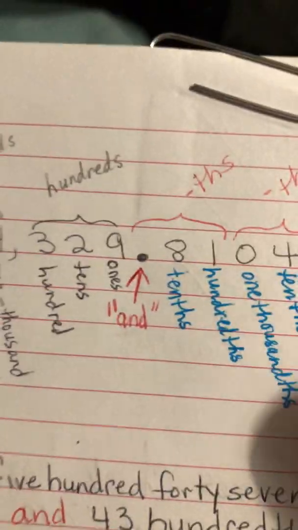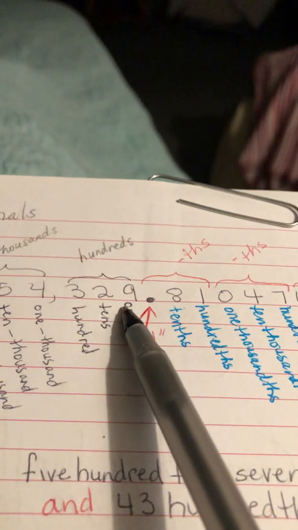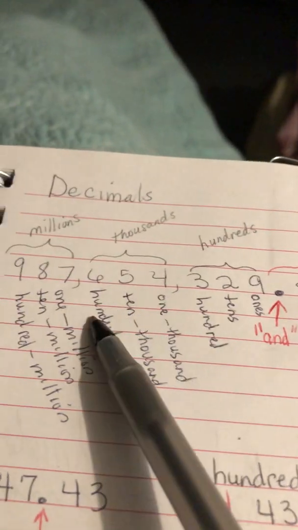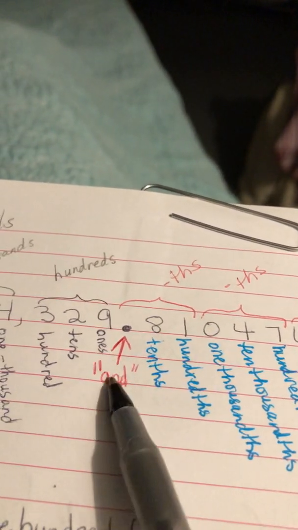So notice coming across here, let me grab my pointer. All right, so here we had ones, tens, hundreds, ones, tens, hundreds, ones, tens, hundreds. Over here, going the other direction, it's like we skipped the ones.